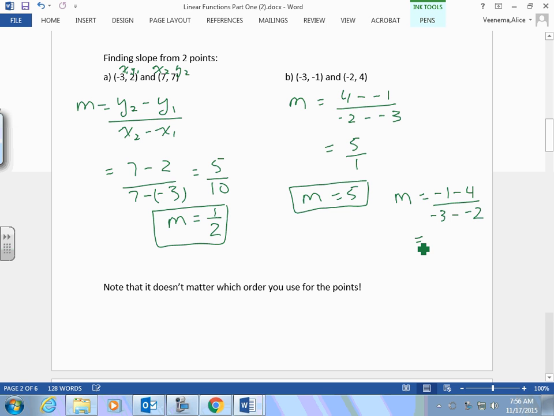So I have negative 5 over negative 1, which still gives me a slope of 5. So it doesn't matter which order you use for the 2 points, so long as you're consistent, so that your y2 and x2 are from the same point, and your y1 and x1 are from the same point.